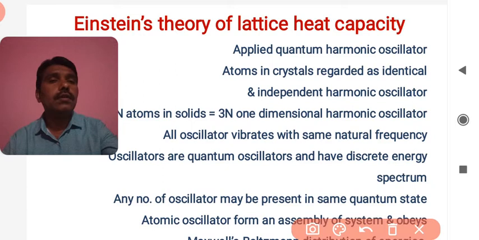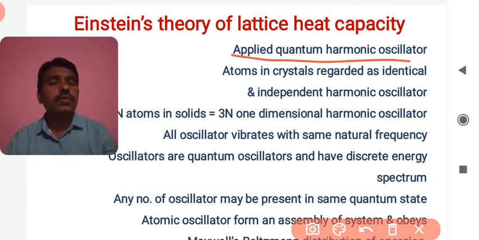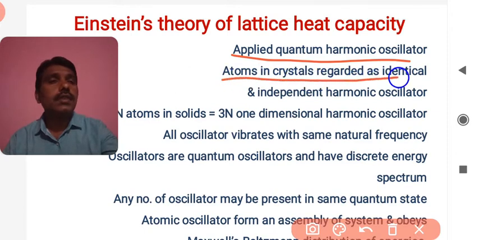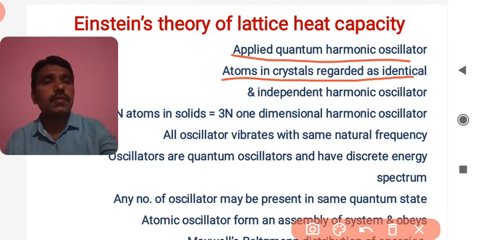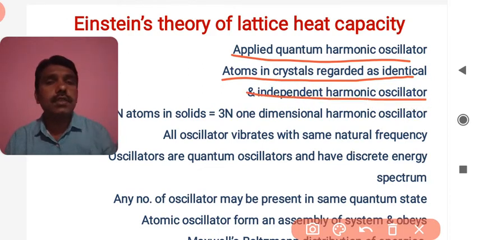So Einstein first applied the quantum harmonic oscillator. Atoms in the crystal are regarded as identical and independent harmonic oscillators, similar to the classical assumption.